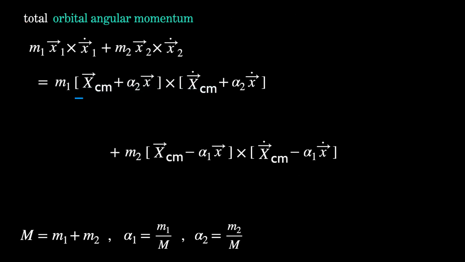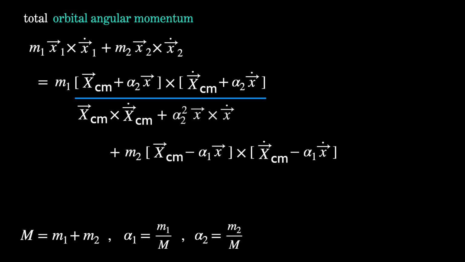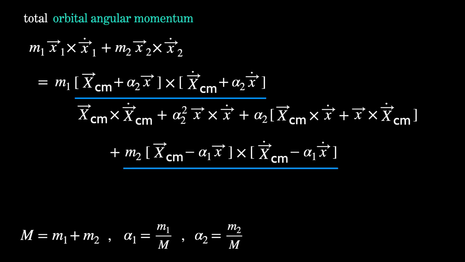Let's expand out this cross product. The second cross product is obtained simply by making these replacements of parameters in the first cross product.